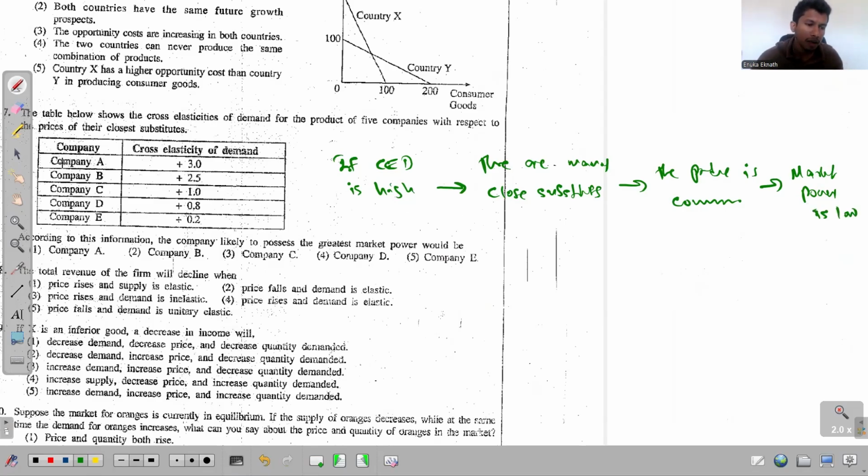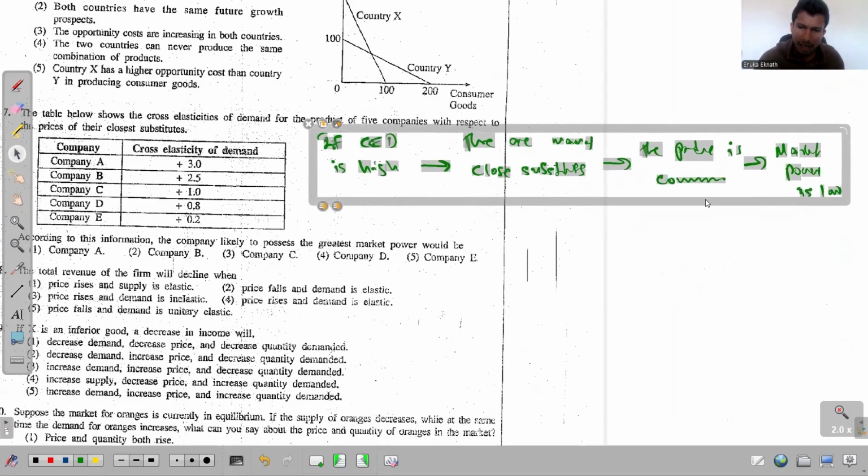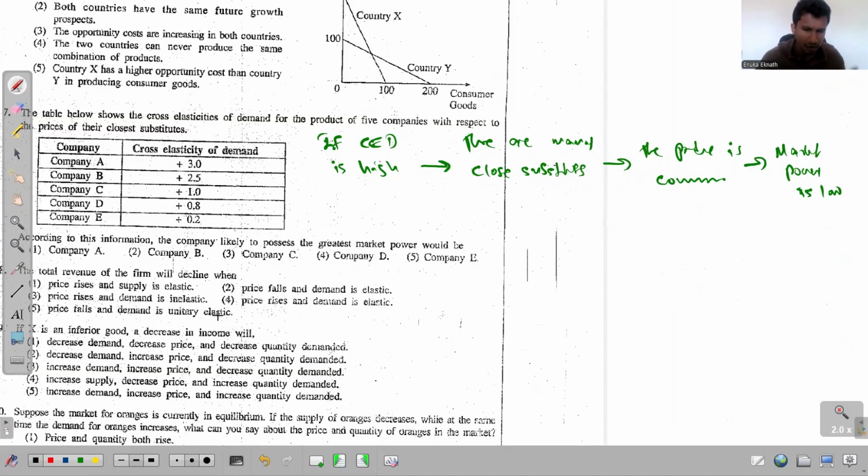And what's the opposite of this thing? If you understand this, you can tell me the opposite as well. So the opposite is if CED is low, we can say there are no close substitutes.